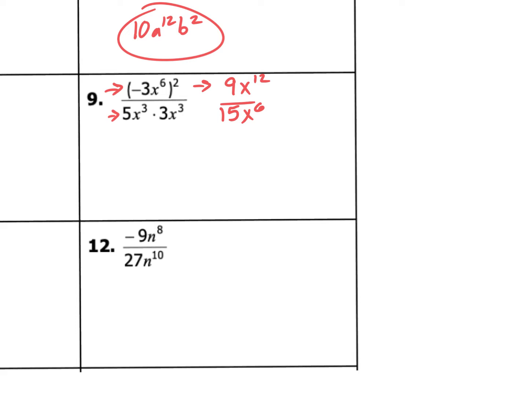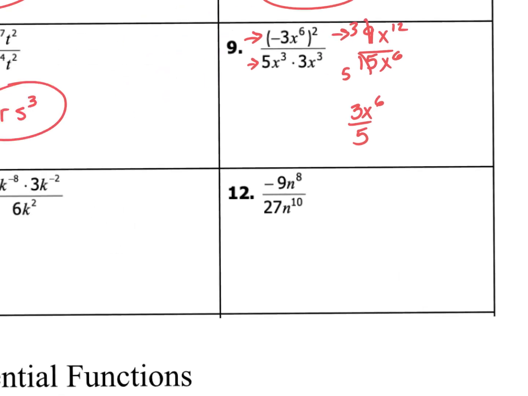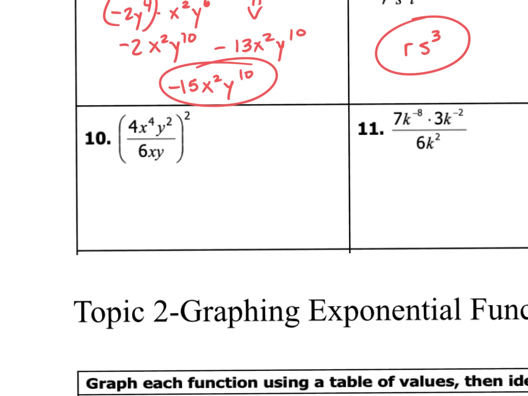All right, now simplify 9 divided by 15. They reduce by 3. So that's 3/5. And then x to the 12th minus 6 is x to the 6th. Positive exponents go in the numerator. There's a fraction.